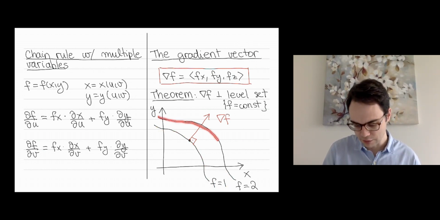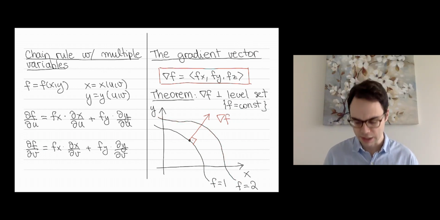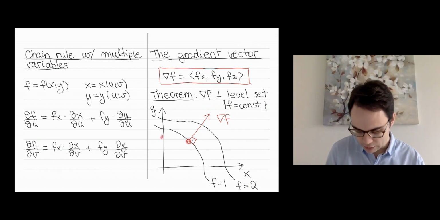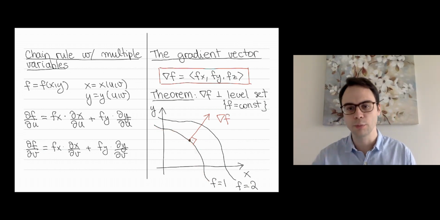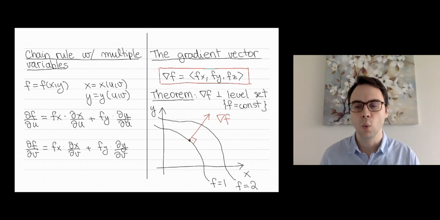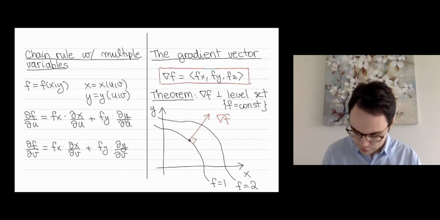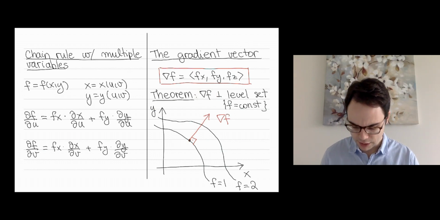The set of points where f is equal to 2 is another example of a level set. You get infinitely many examples by changing the right-hand side. But any given point lives in a level set. You just look at all other points where f takes the same value as it does at the given point. And the theorem is saying if I compute the gradient, it's going to be perpendicular to the level set.